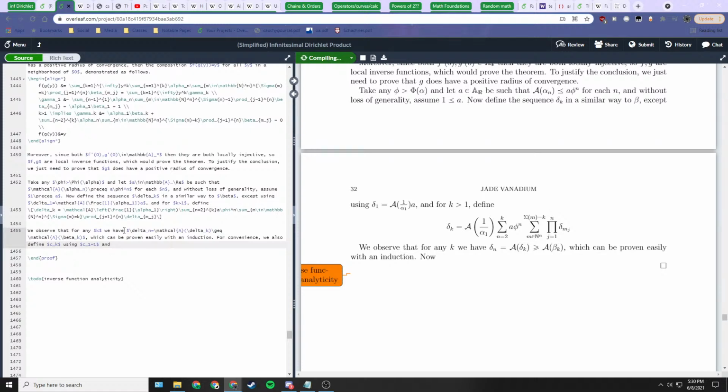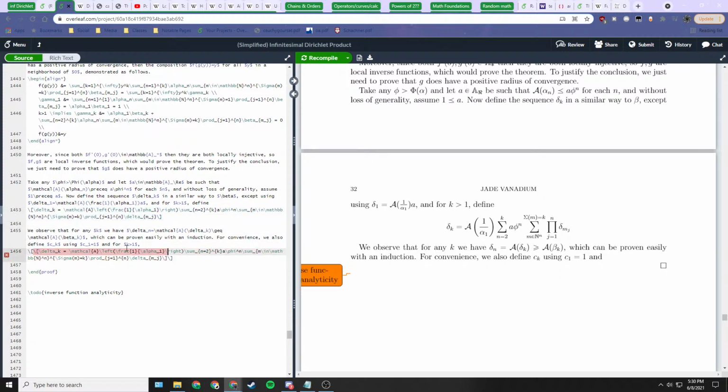Okay, so we're going to pull out, so I want to say that this is going to be some real number times a times absolute value 1 over alpha. In order to prove that, we're going to define another sequence using a really similar definition, except we just won't have this. And instead of delta, you'll see.